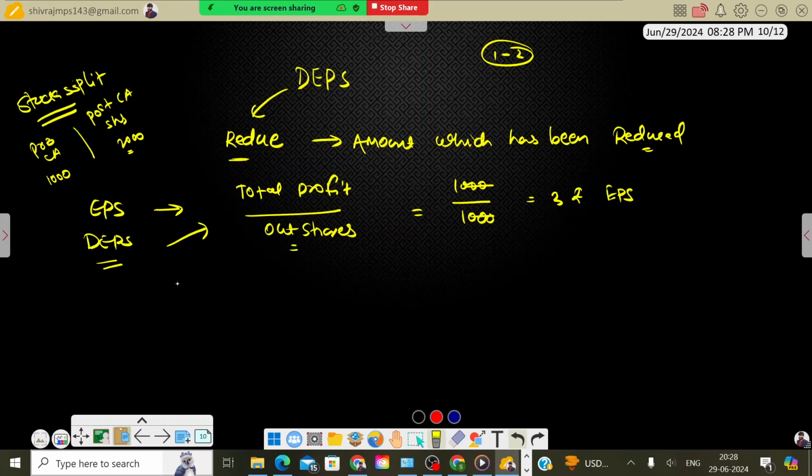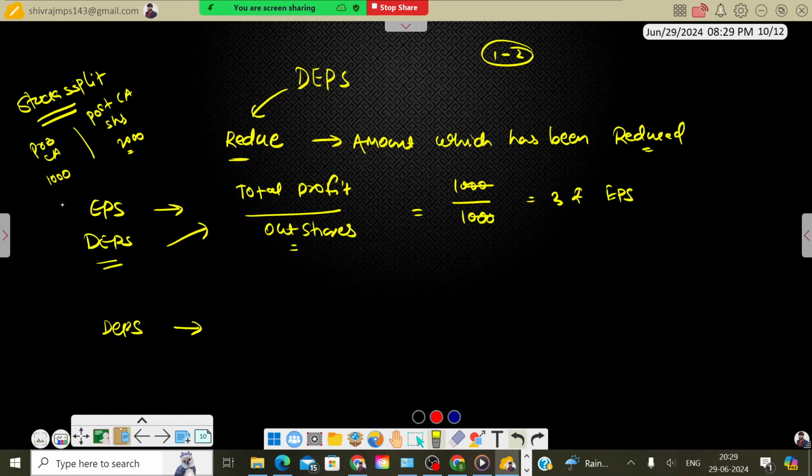Why? The reason is, let's calculate it first. For DPS, we consider future expected corporate actions if the company has planned them and if you are aware of them. So while calculating earning per share or DPS, for DPS we always consider future actions or events, right?